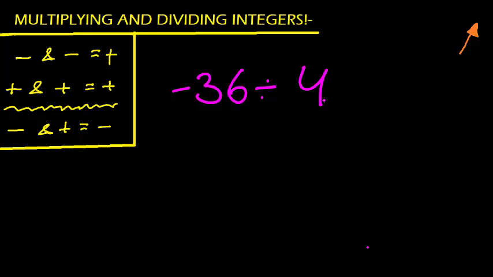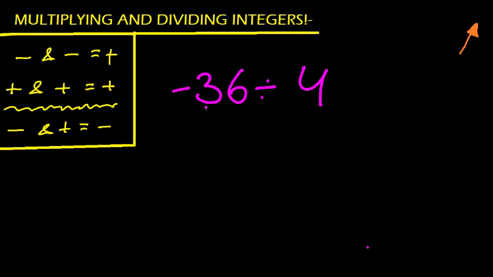So now, when you're solving a multiplication and division integer problem, very rarely are you going to have two signs exactly side by side. You're not going to have a negative and a negative side by side, a positive and a positive side by side, or a negative and a positive side by side.